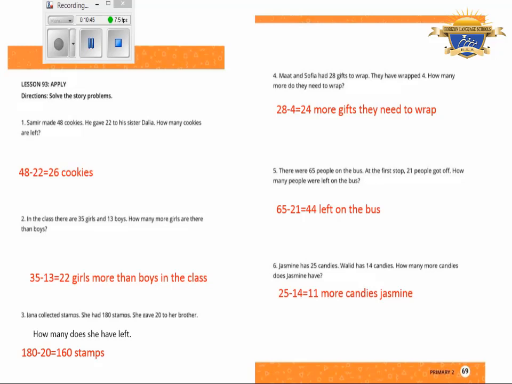So if you see give, give away, spend, or more than, this is a subtraction problem. So you can make a subtraction problem when you see these words in the story problem.